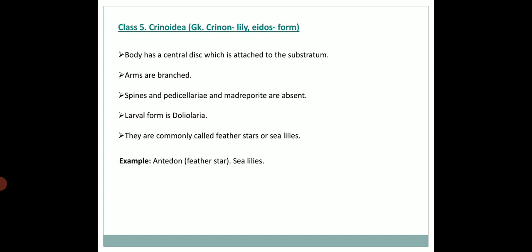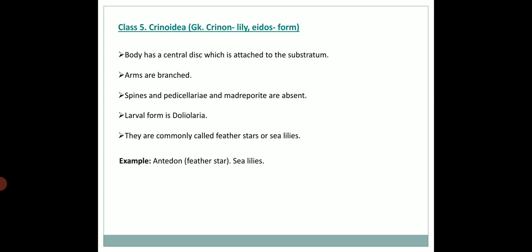And the last class, Crinoidea: krinon means lily, and eidos means form. The body has a central disc which is attached to the substratum. Arms are branched. Spines, pedicellariae and madreporite are absent.